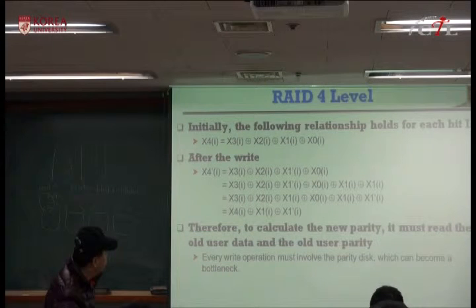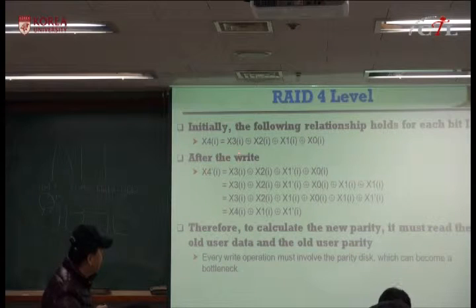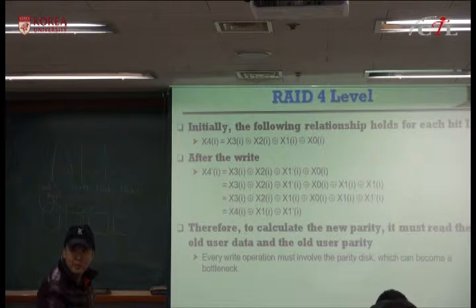Because these are the parity calculation for X4 of I, and the remaining should be the same. So that means to compute the new parity after the write, you should read the old value of parity, the old value of X1 of I, and the new value of X1 of I, then you compute the exclusive OR, and then you can compute this new parity. Okay? So you don't have to read X2 or X3.